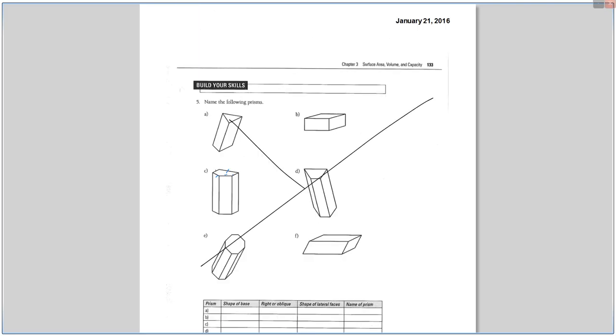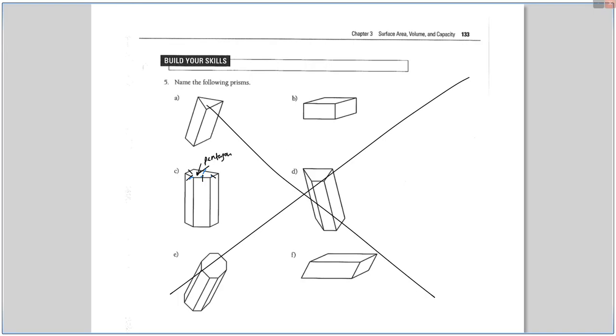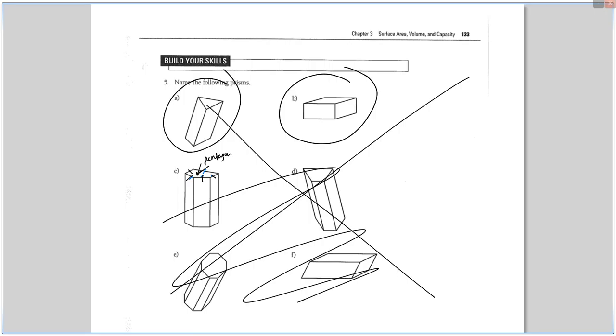So for example, here is a 5-sided figure, so this is a pentagon. So I guess this would be called a pentagonal prism. Not too worried about that. Mostly interested in the triangular prisms, the rectangular prisms.